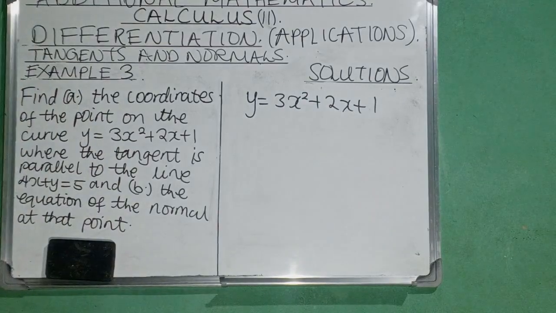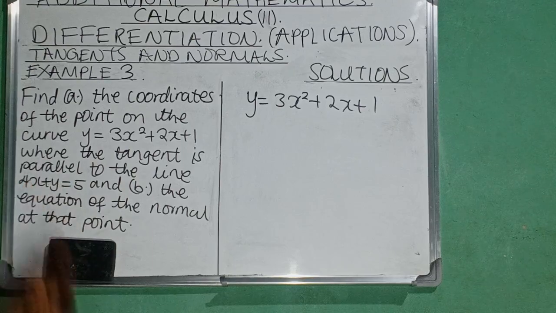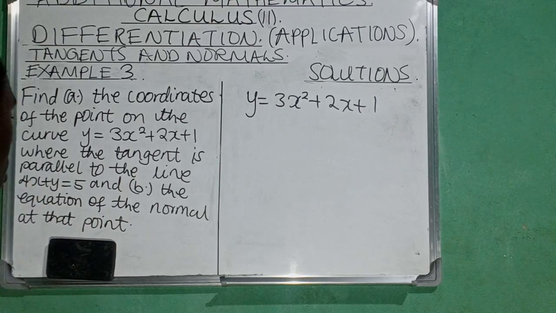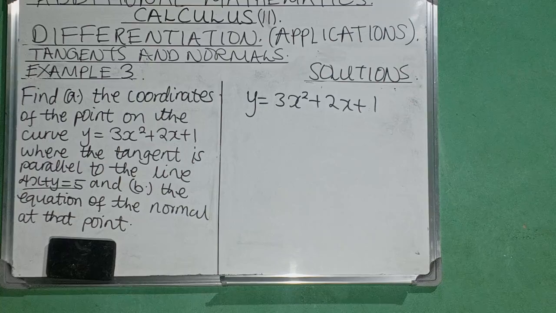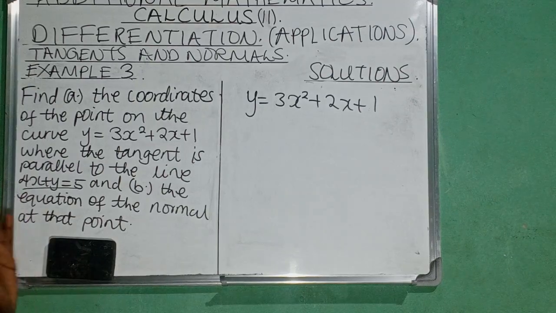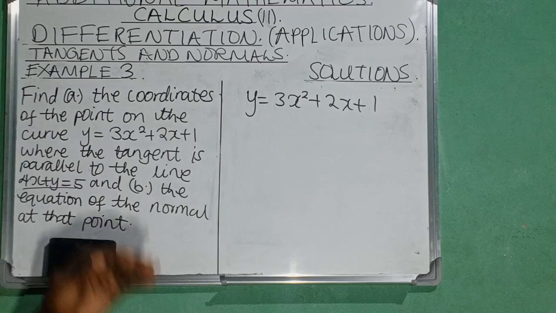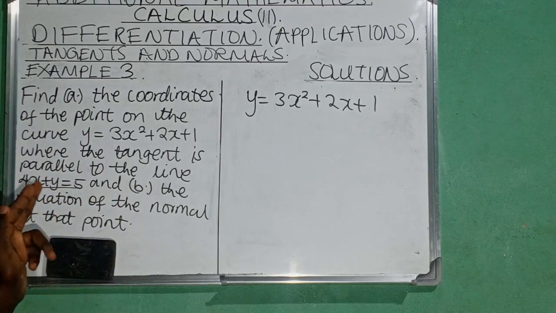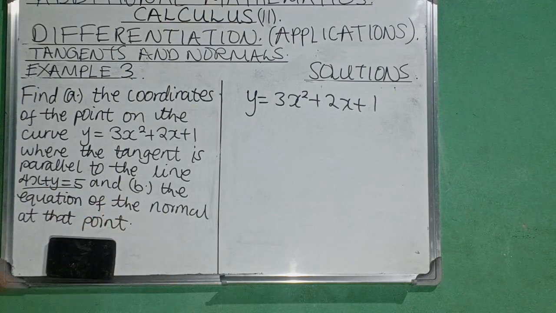And then they are saying that where the tangent is parallel to the line, 4x plus y is equal to 5, we need to write this in the slope-intercept form or the gradient-intercept form, because the gradient of this line will be the same as the gradient of the tangent at that point that they are asking for.